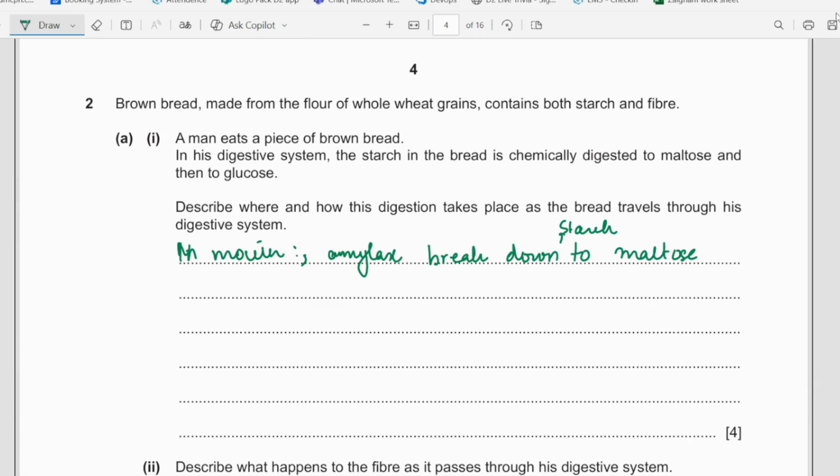It doesn't continue till the small intestine. It won't continue because in the stomach the amylase would be denatured. Okay, what is the second part?